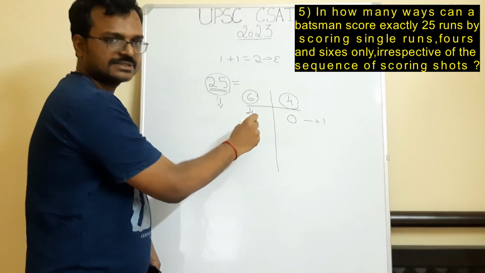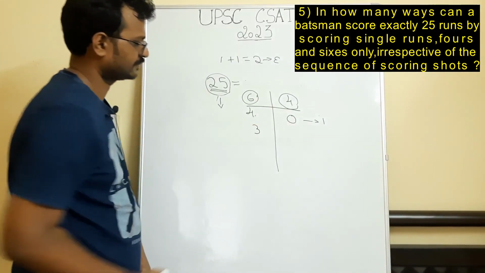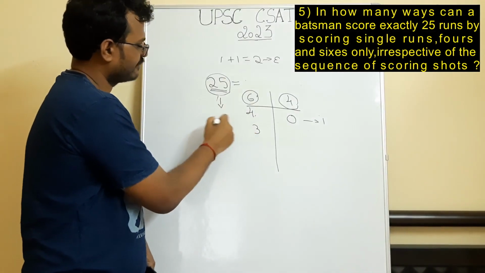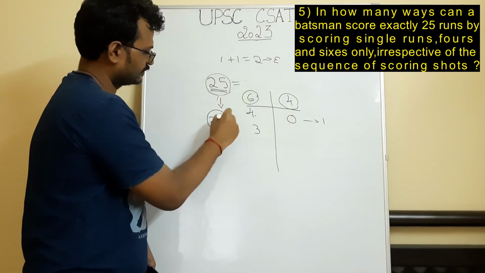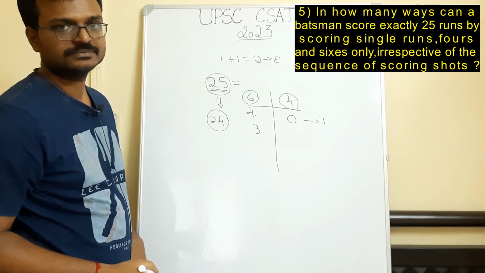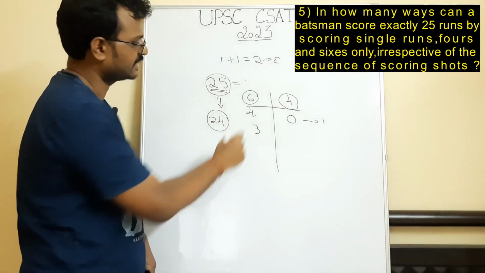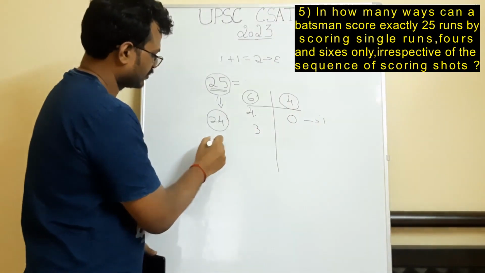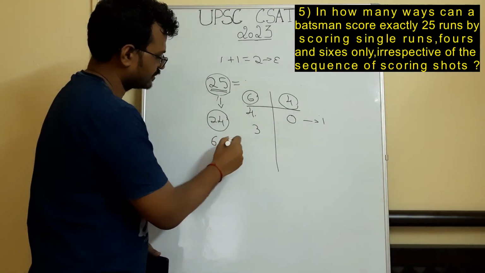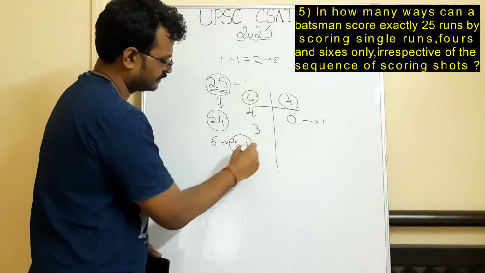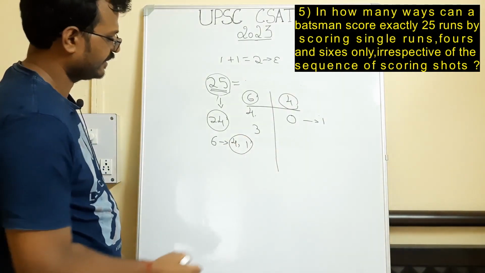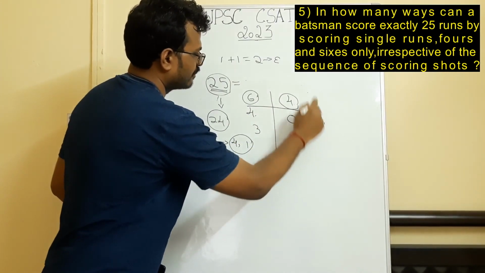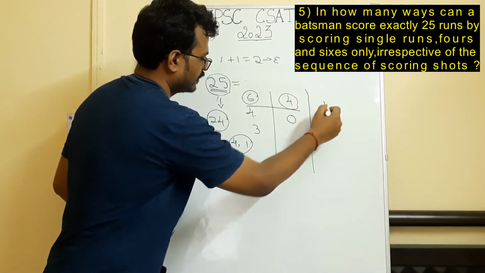If 6 appears thrice, 6 into 3 is 18 and we need to reach 24. That means we are still short of 6. To reach 6, we can use either 4 or 1. I'll put 1 also here.